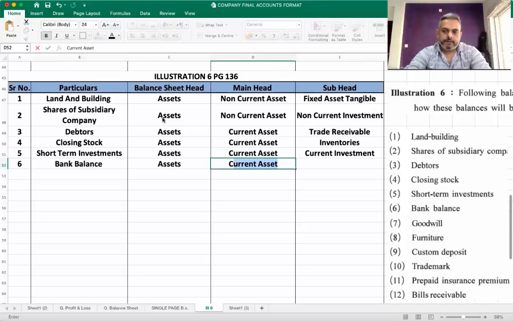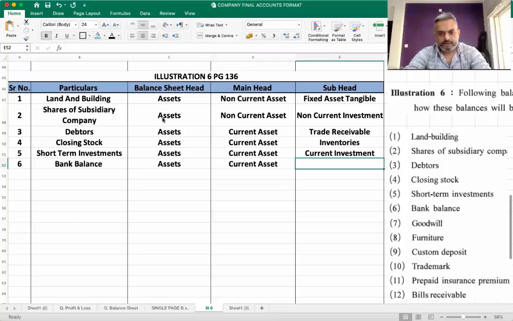Asset, current asset. You know bank balance is a current asset, and cash equivalent. Cash and cash equivalent.